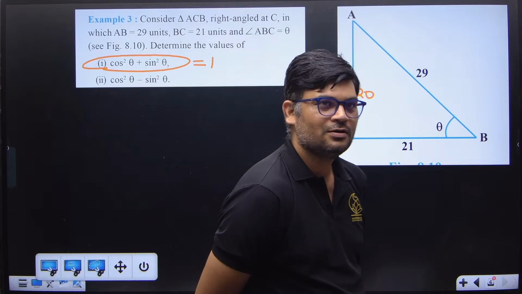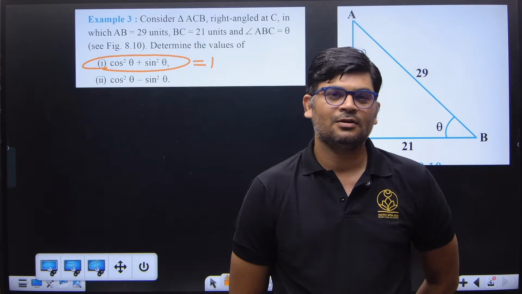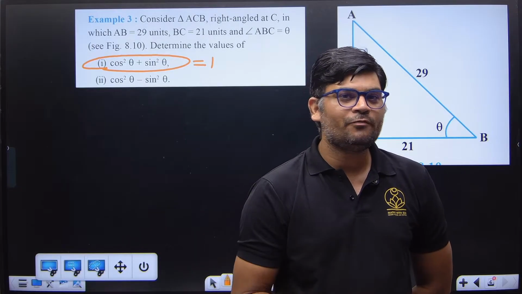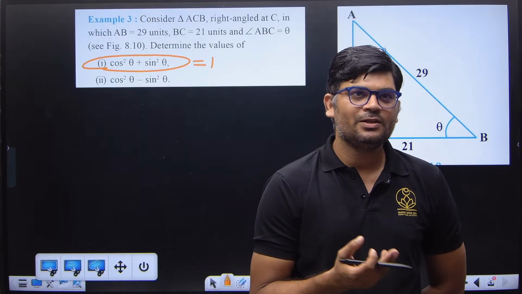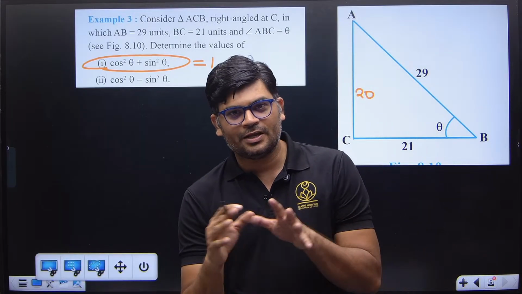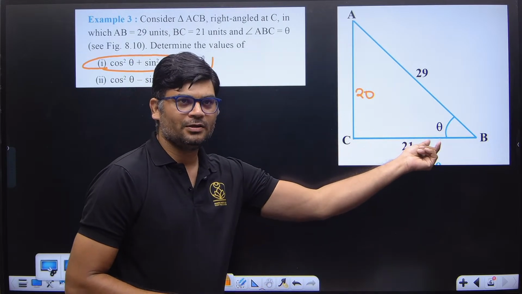What is theta? Theta is a variable which is used to represent any angle. To represent any number, what variable do we use? We use X, Y, Z, A, B, C, any alphabet. To represent any angle, we can use alphabet variables as well, and apart from that we use Greek symbols.